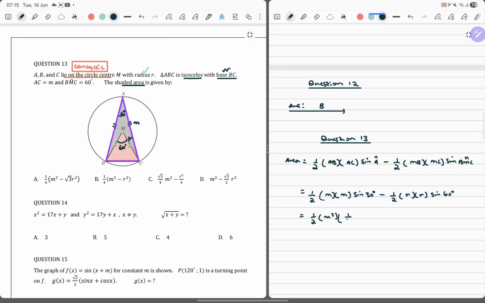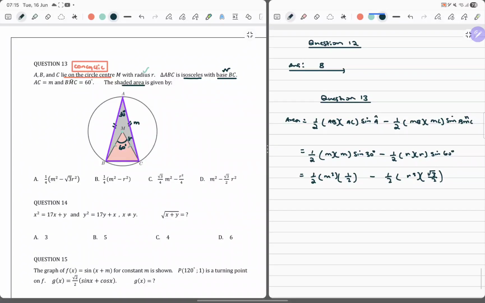Sine of 30 is a half. Minus 1 over 2 into R squared. Sine of 60 is root 3 over 2 from special angles. Now let's get to business. So this becomes M squared over 4, minus root 3 R squared over 4.